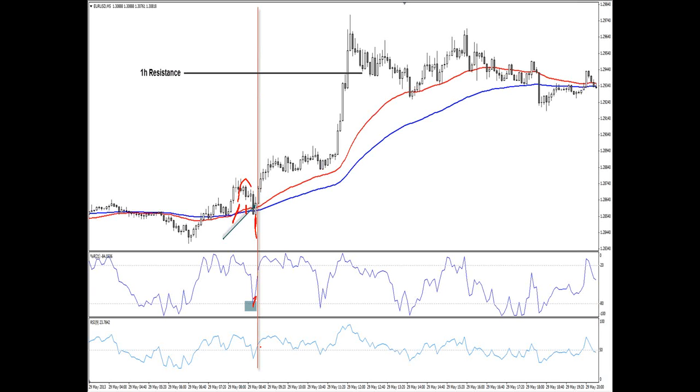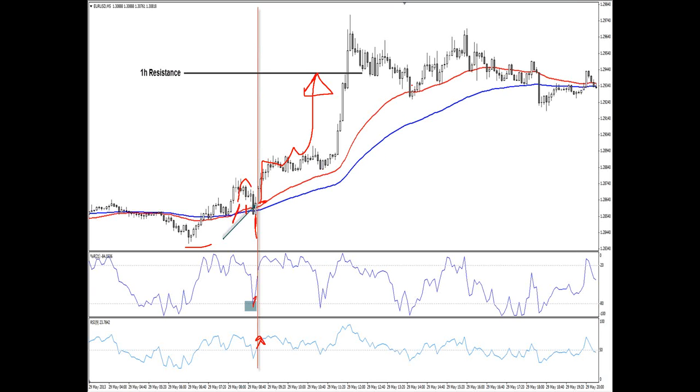Also, RSI confirmed momentum by going above 50 and it's going up. So at this candle, this is our entry. Our stop would be below this, and we trade towards 1-hour resistance. You see, it's rather simple and not complicated.